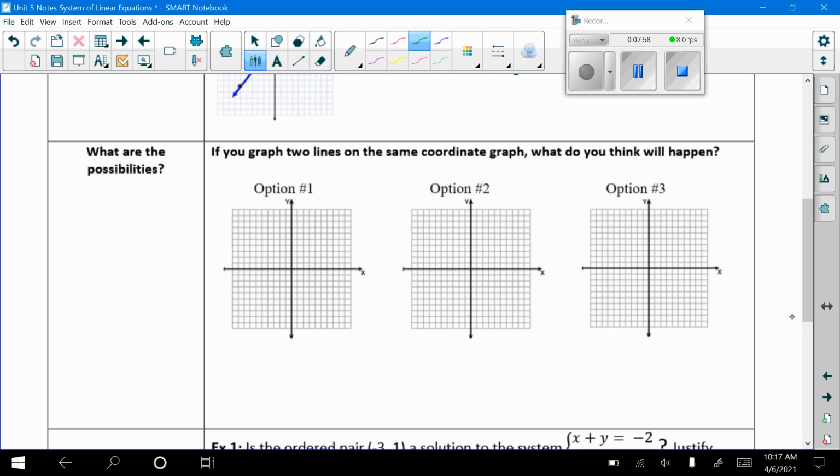Okay, so two lines are either going to, number one, that's what we've been doing, cross. So if they crisscross, where they crisscross is the solution.